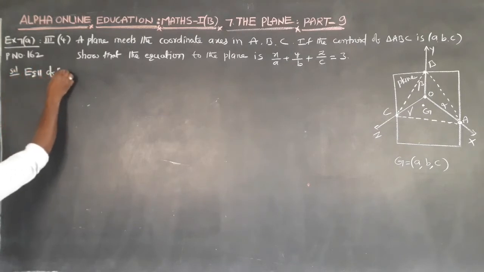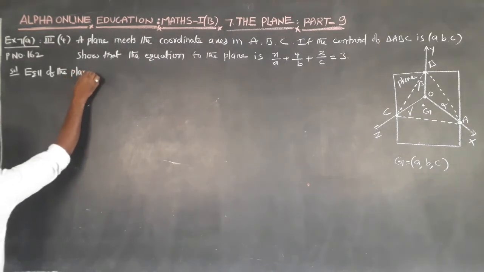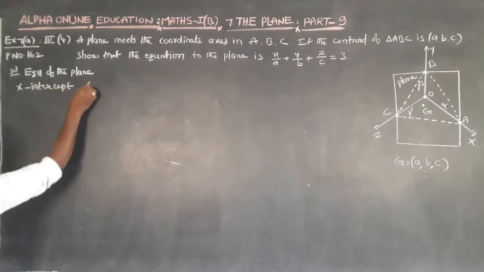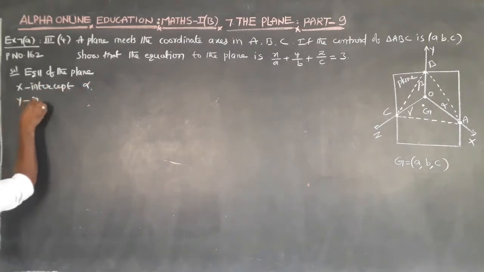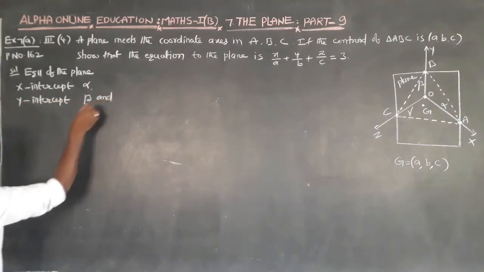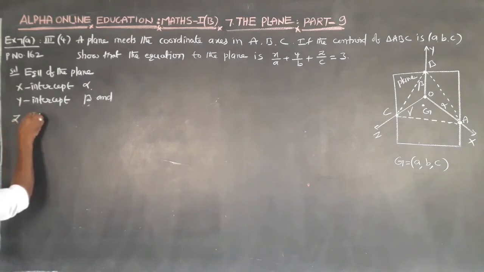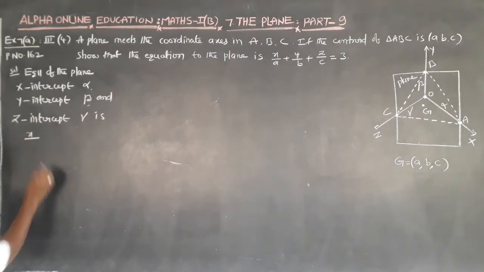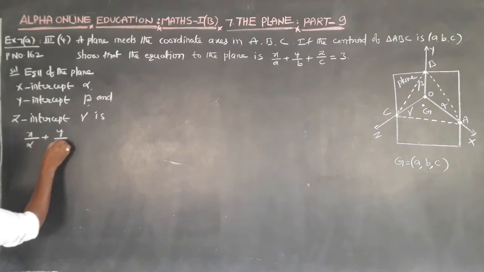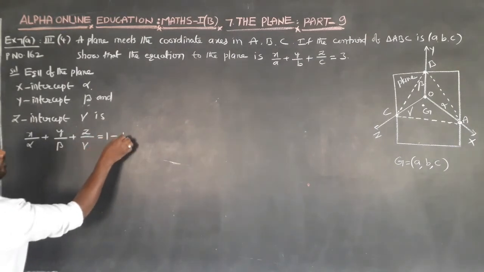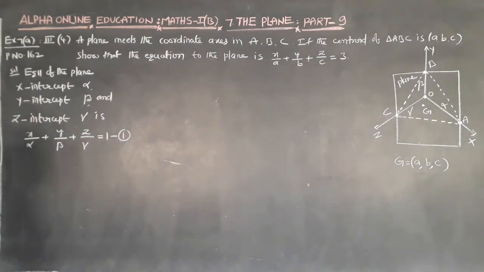The equation of the plane with x-intercept alpha, y-intercept beta and z-intercept gamma is the equation of the plane in intercept form: x/alpha + y/beta + z/gamma = 1.